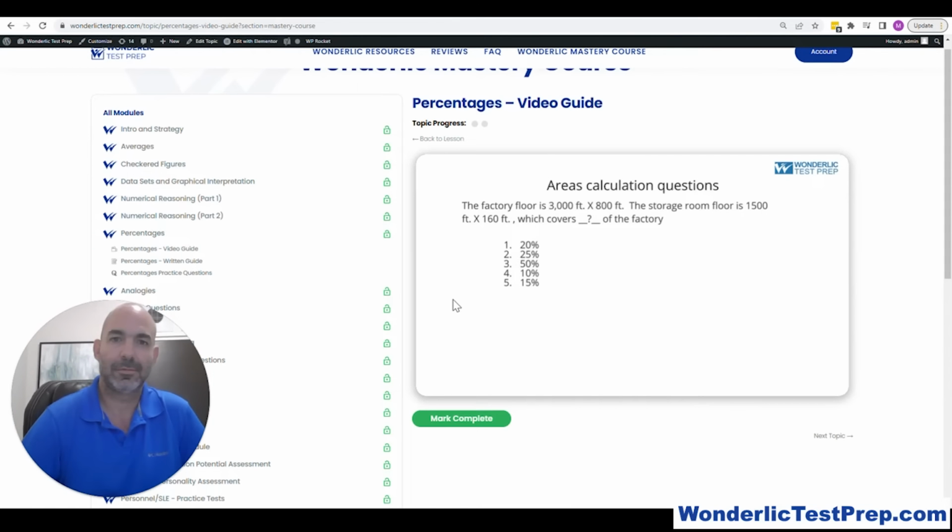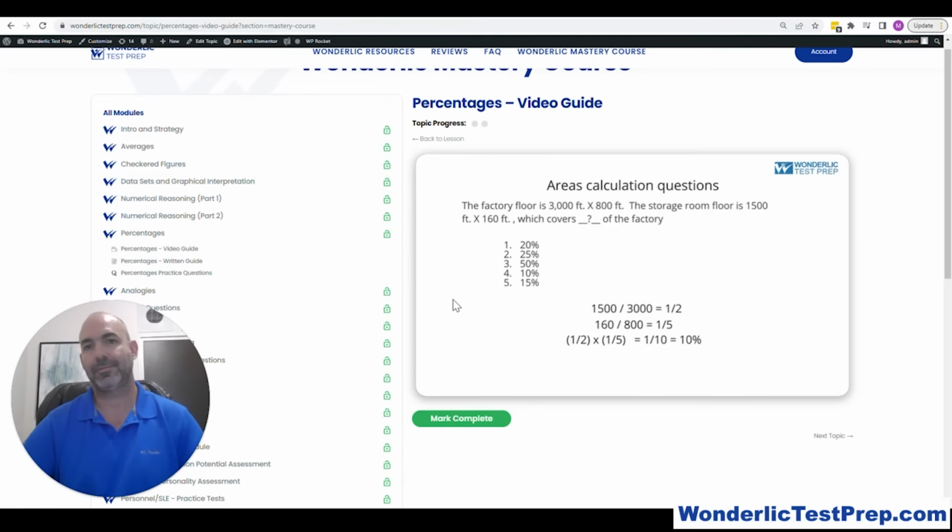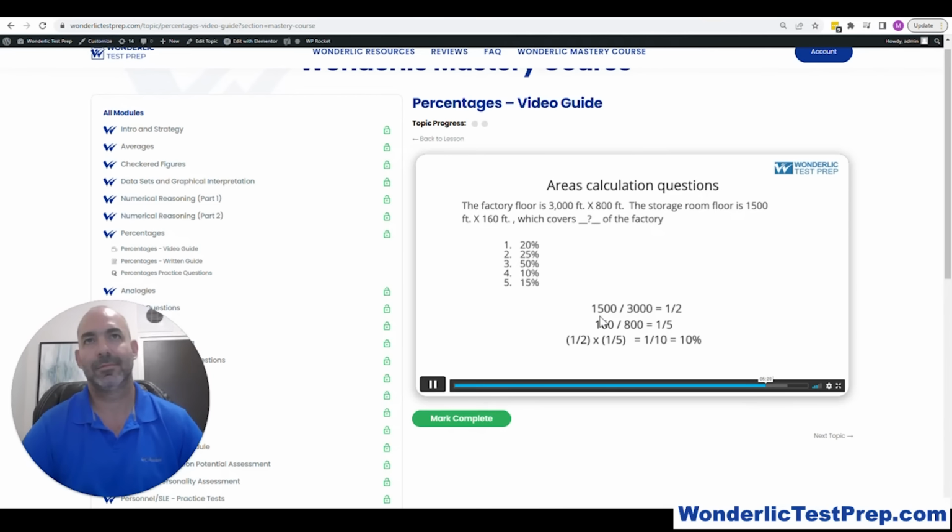Like in the first example, look at the ratios of both elements in each multiplication compared to each other. 1,500 out of 3,000 is 1/2. 160 out of 800 is 1/5. Now you need to multiply the two fractions by each other, and then you will get one fraction, which is the ratio between the two areas. 1/2 times 1/5 equals 1/10 equals 10%. The answer is 10%.